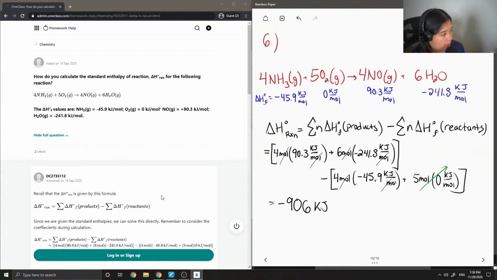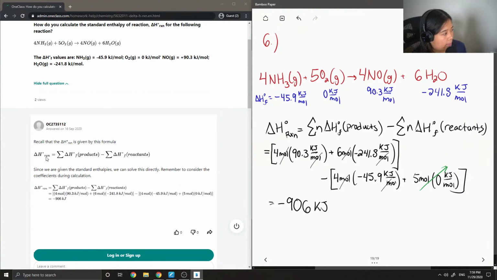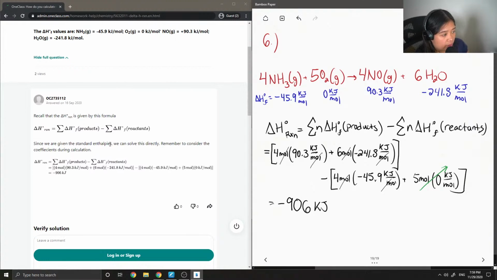So let's look at what the junior tutor said. Recall that the delta H of reaction is given by this formula. Delta H reaction is equal to the sum of the delta H of formation of the products minus the sum of the delta H of formation of the reactants. Since we are given the standard enthalpies, we can solve this directly. Remember to consider the coefficients during the reaction.